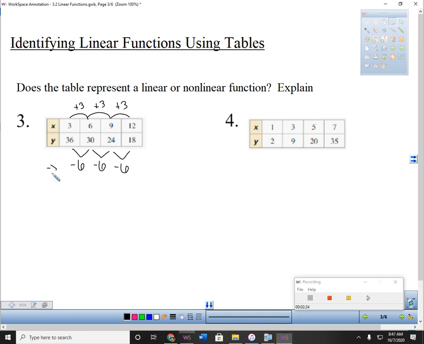This is called your first differences. When your first differences are the same, then that means that this is linear. All right?